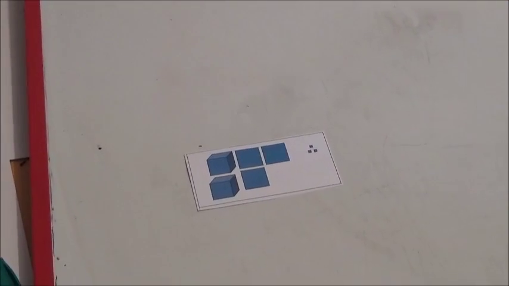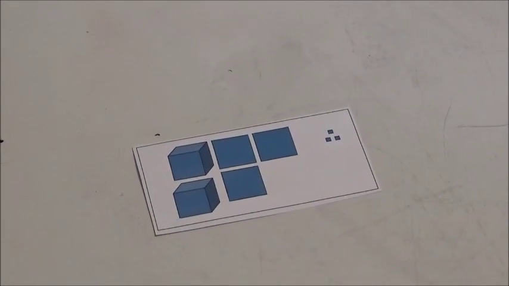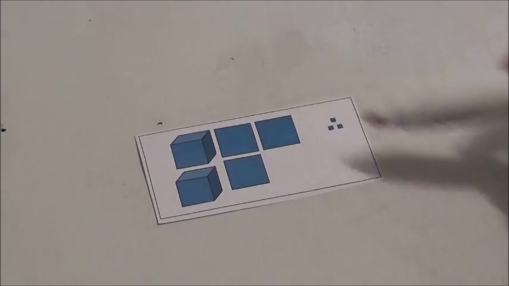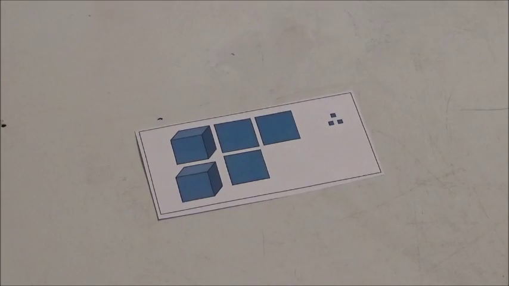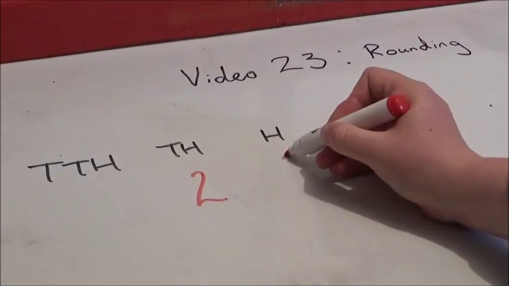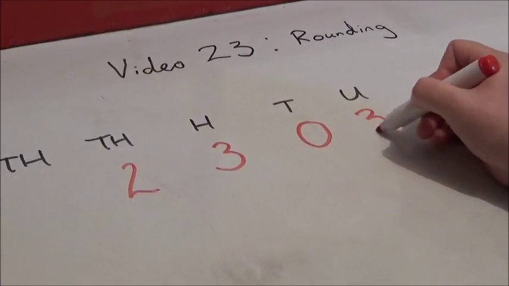Let's use our place value understanding and generate this number. So we have the number 2,000, 3 hundreds, no tens and 3 units. So let's write this on our place value position. 2,000s, 3 hundreds, no tens and 3 units.